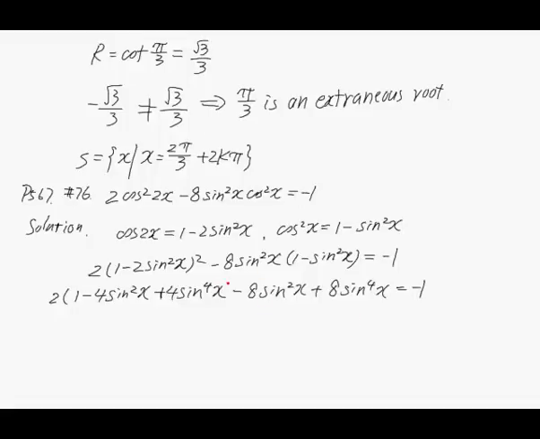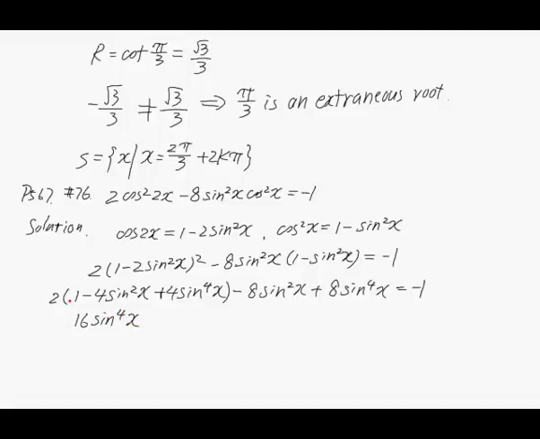So 2 times 4, you have 8. So 8 times sine to the 4th plus 8 times sine to the 4th, you have 16 times sine to the 4th.